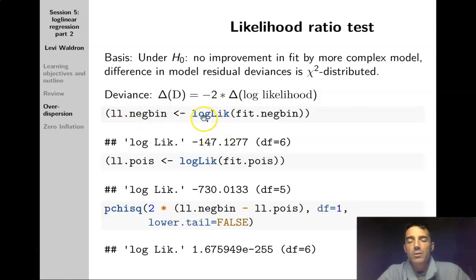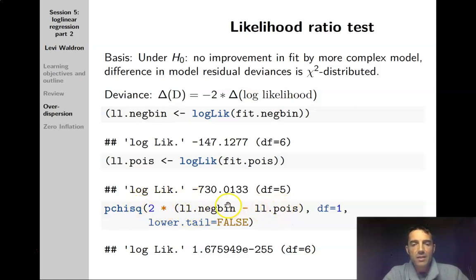And I'm doing it manually here because I've found it not obvious how to do it using built-in functions like ANOVA, like we were able to do with 2 GLM models. But it's not difficult. You can take those values from where it said 2 times log likelihood, or you can calculate it here.